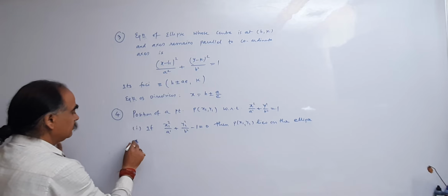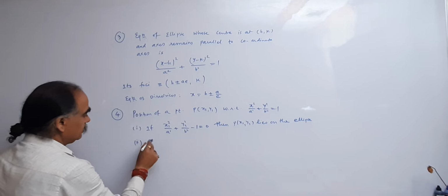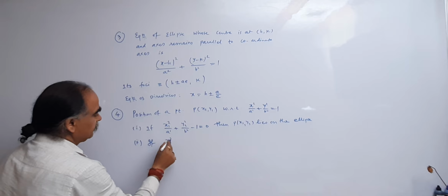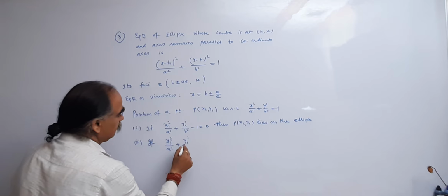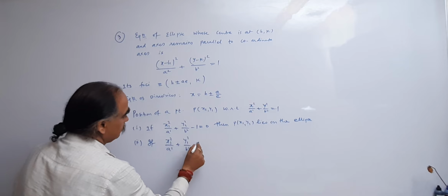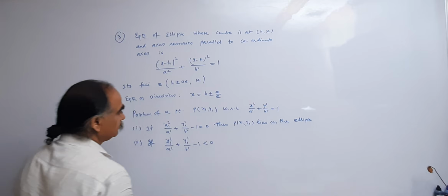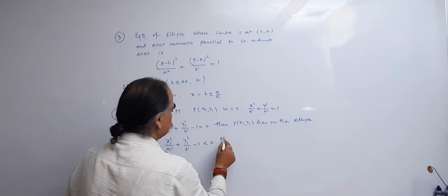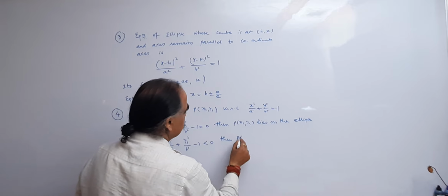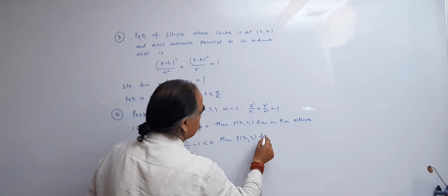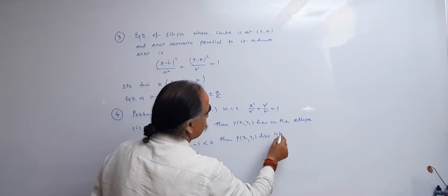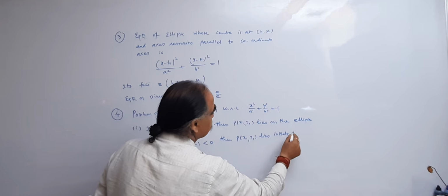Point number 2, if x1 square upon a square plus y1 square upon b square minus 1 is less than 0, then P(x1, y1) lies inside the ellipse.